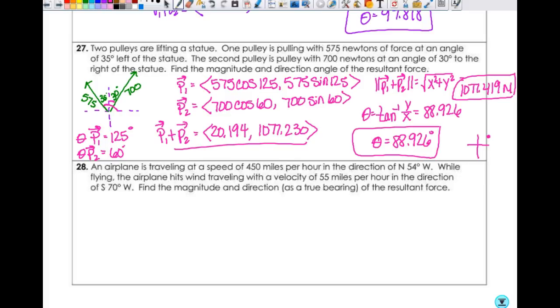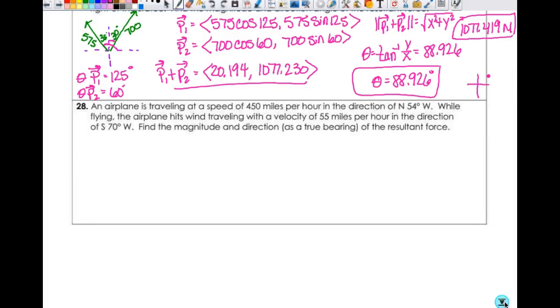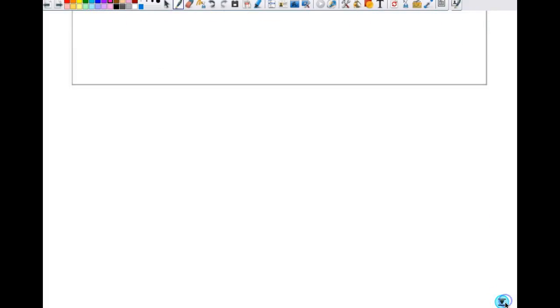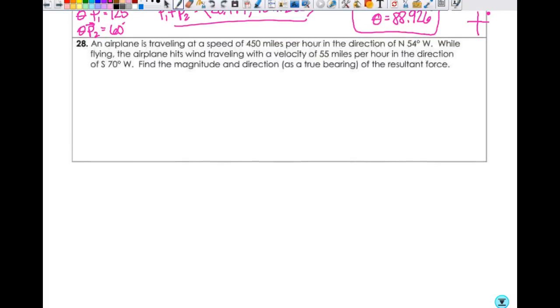Okay. Now we have an airplane traveling at a speed of 450 miles an hour, at a direction of north 54 degrees west. Okay. So it's going north 54 degrees west, like so. So this is 54 degrees right here. This is 450 miles per hour.